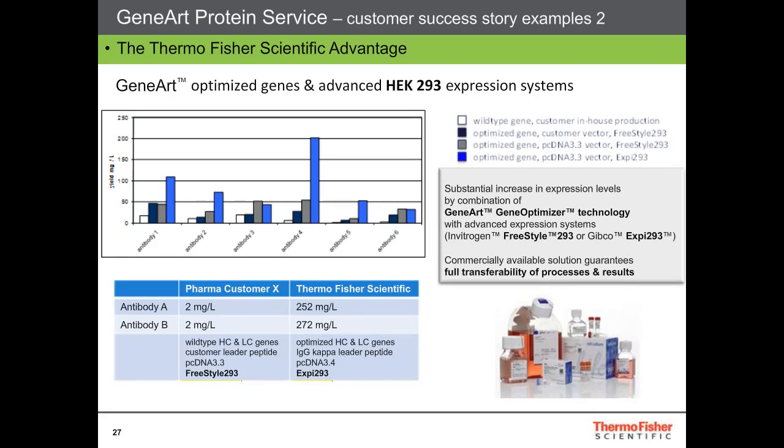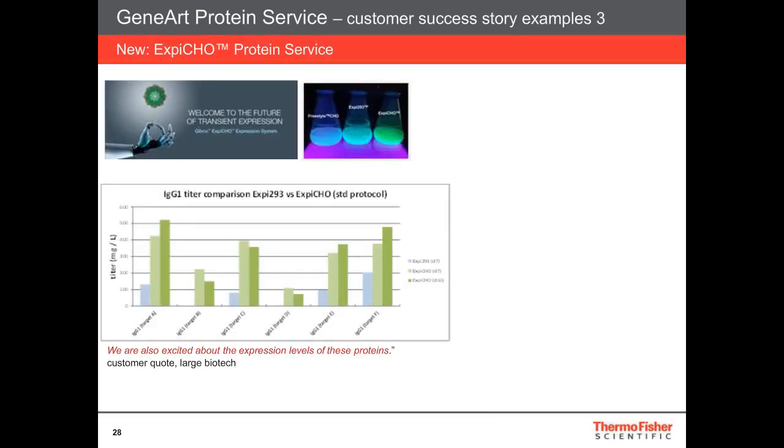And I also want to mention that those systems are commercially available, which guarantees you the full transferability of those processes for further in-house work if you want to do those experiments at a later time point in your own lab. And of course, if you order a protein with us, you will always get the expression construct in the respective expression plasmid as well.